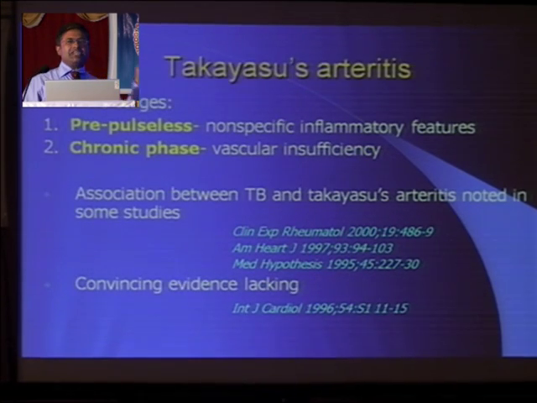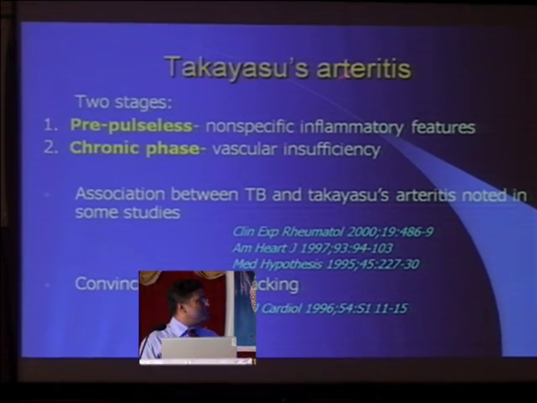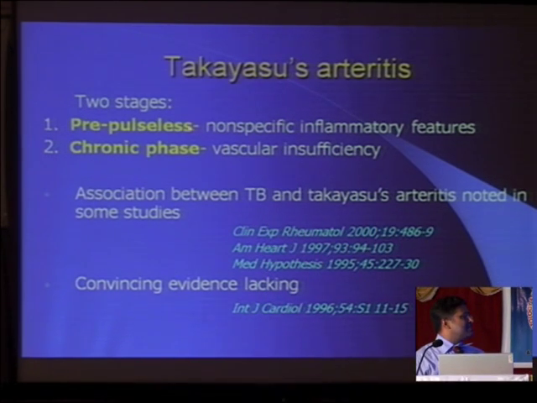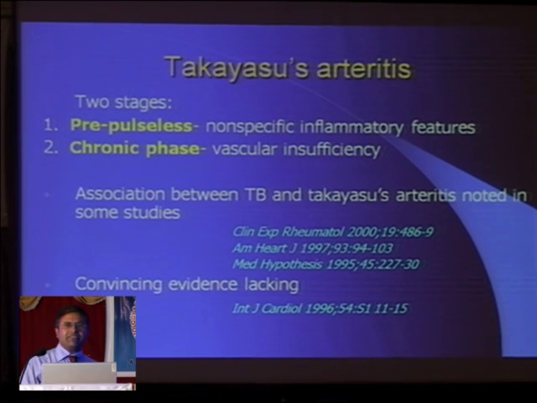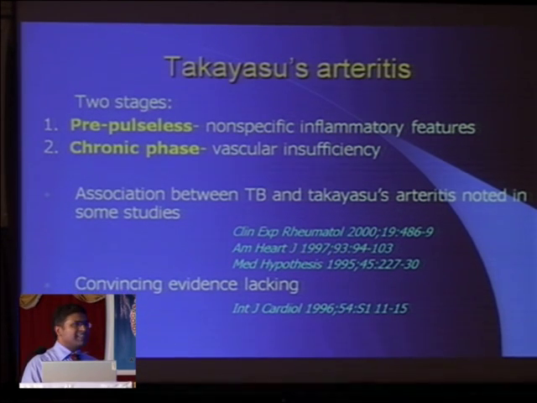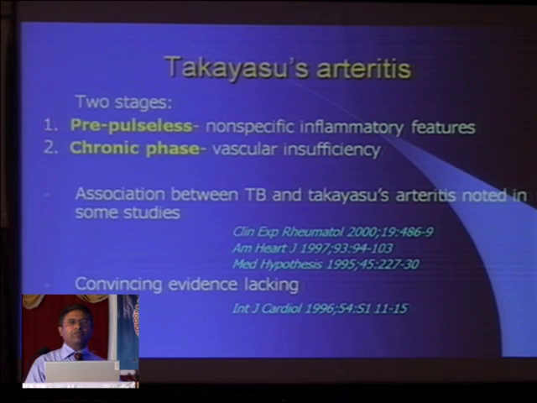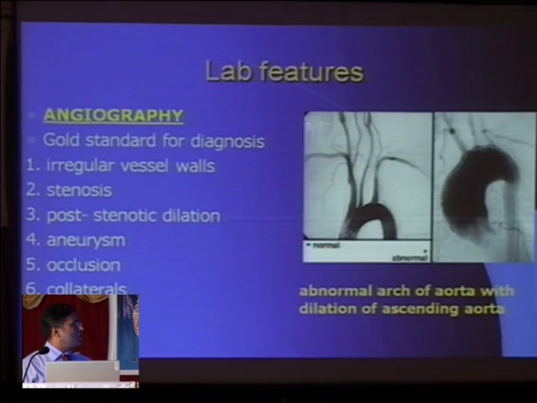I will deliberately shift to the large vessel because again that's easy to understand. In Takayasu disease, in the pre-pulseless stage, it is actually inflammation. It is very difficult to diagnose at that point, whereas by the time you are finding an asymmetry of the pulses, possibly the damage has already set in. Now what occurs is that at this point of time, it's difficult to decide how to go about treating.